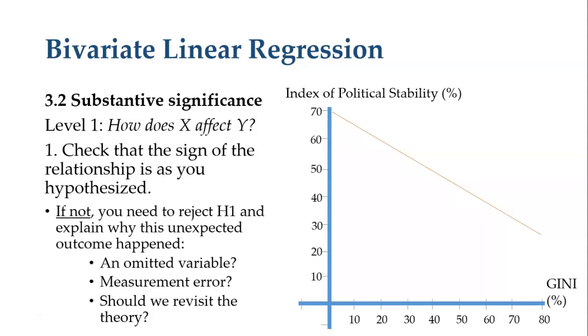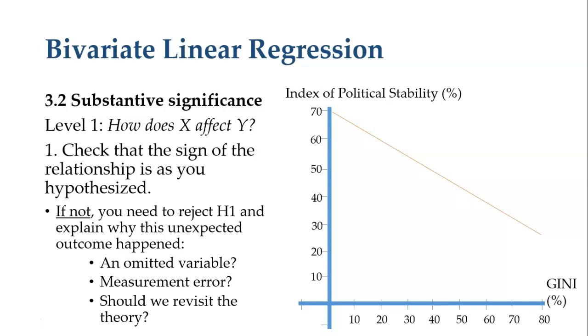If you experience something like that, you need to reject your own hypothesis, which is the worst case, right? And to some extent, you need to explain why this unexpected event happened.